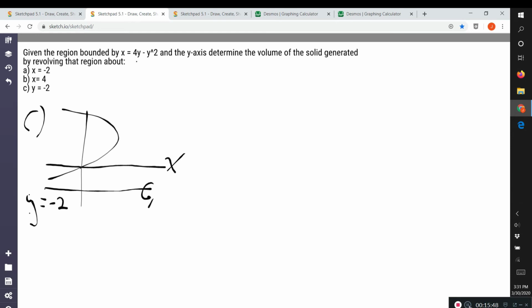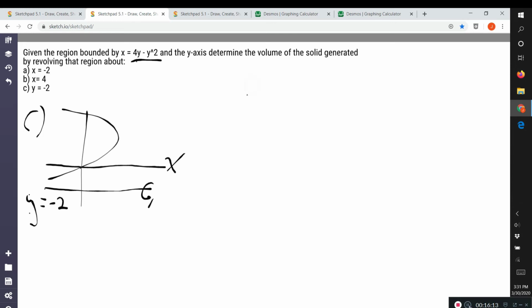If we were rotating this curve around the x-axis, we would notice that our axis of rotation does not match the variables that we are working in. So you have two options. Switch the variables, and if that's not possible, switch to the shell method. So we're going to have to adjust the shell method here for this curve.